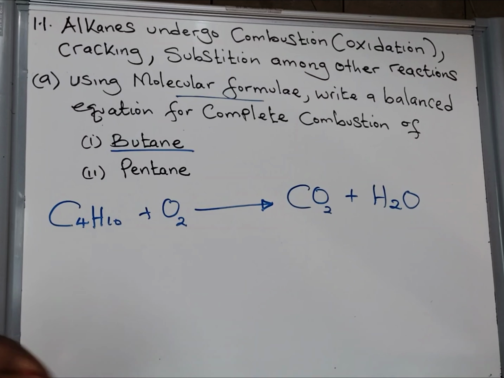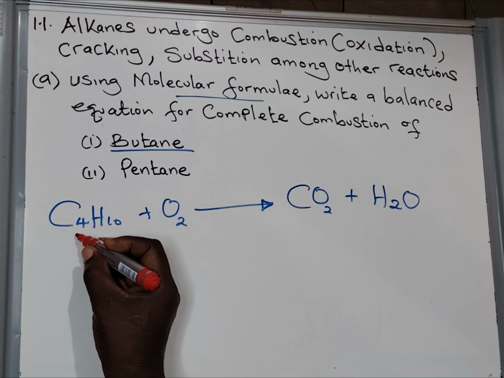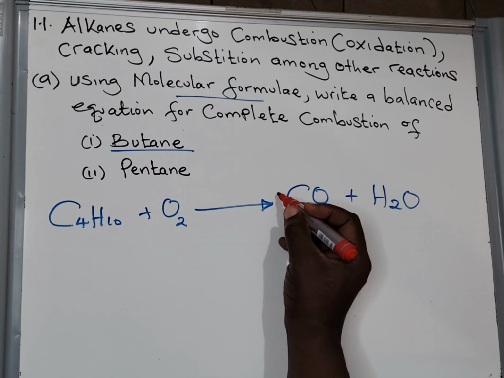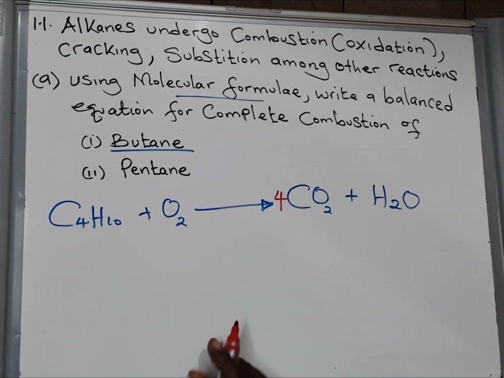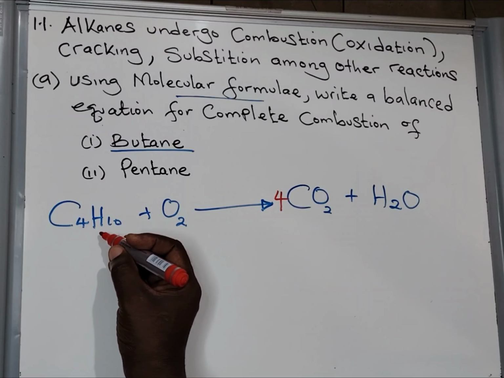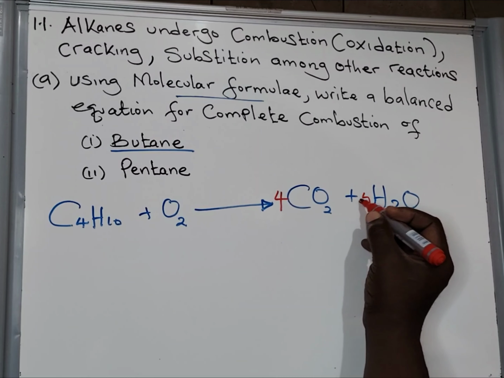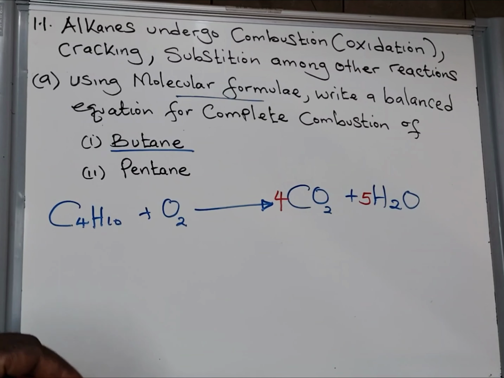How do you do this? You have 4 carbon atoms here, so you make this one 4 to balance that. And you have 10 hydrogen here. So how do you make this one 10? You put 5. Okay, that's the first approach we do.